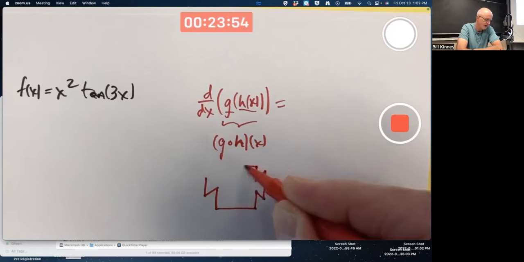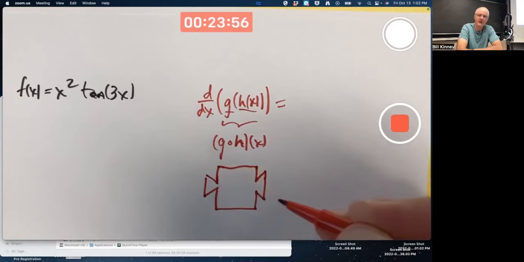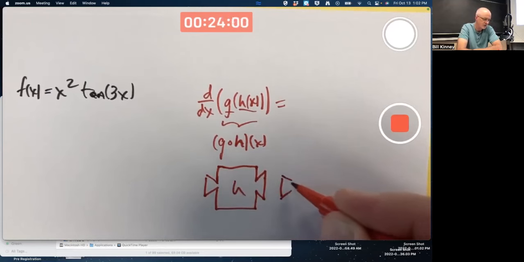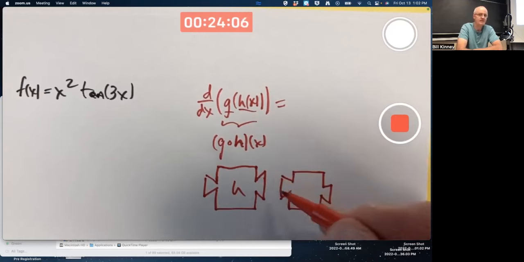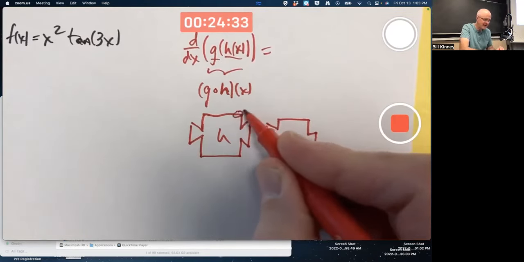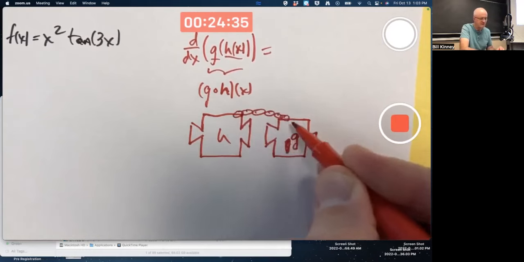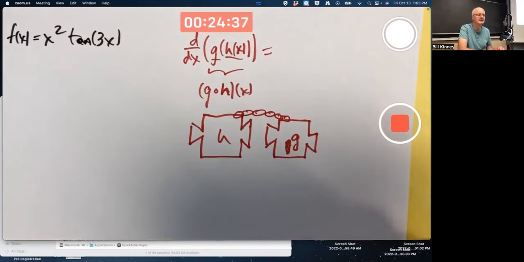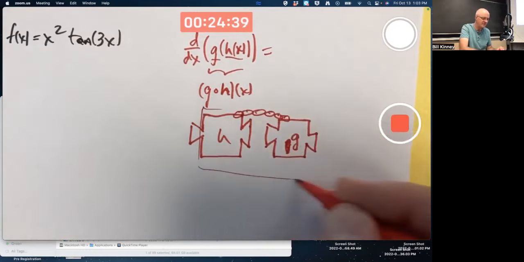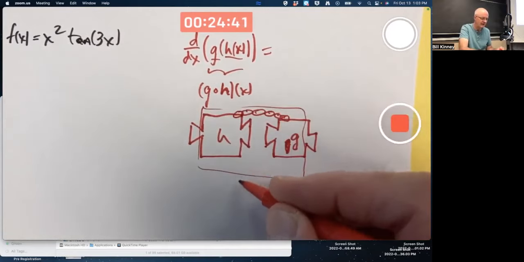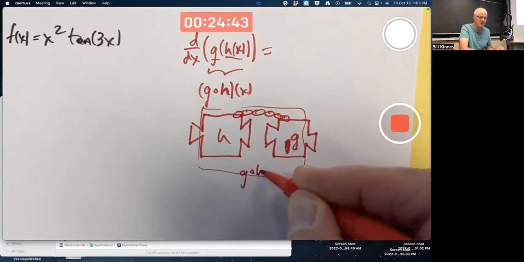If you ever had a teacher who said, hey, you can pretend functions are machines, we can imagine two machines, one for the function h and one for the function g, that are chained together here. Imagine chaining these together. Okay, this is supposed to be a chain there. To get one new function, one new machine, g compose h.